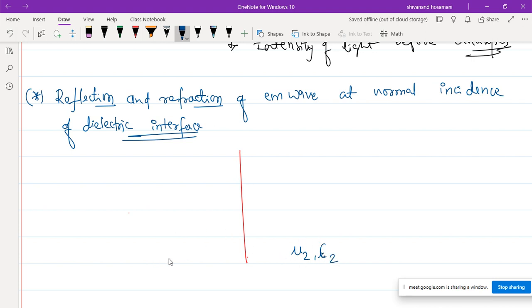Then this medium has mu1 and epsilon 1. Let us consider incident light incident on this. This is the direction of K, the K vector, the propagation constant.